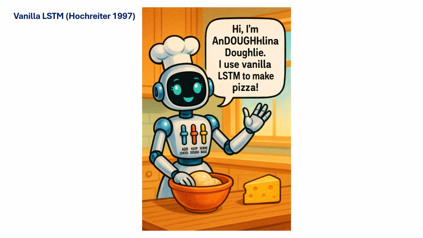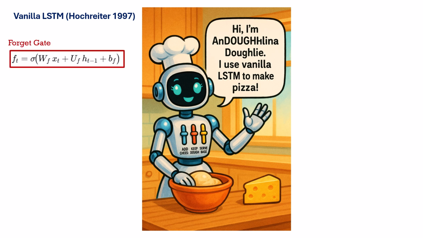But the pizza dough that is already ready to bake will not be baked in the oven, it only stays there, and some part of it will be used the next day. So in vanilla LSTM, there is a forget gate. This is the first mathematical expression.